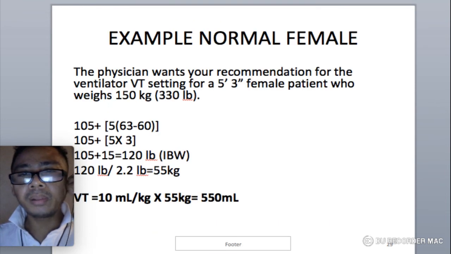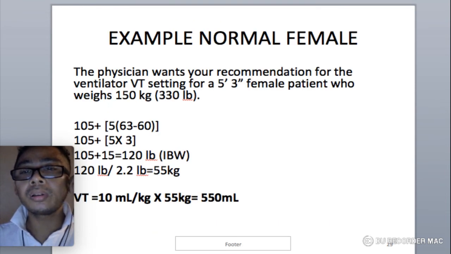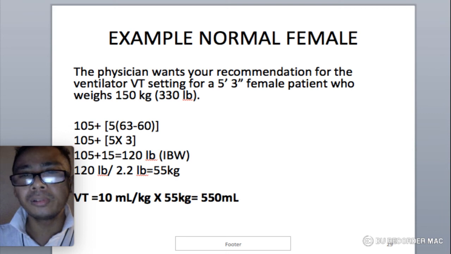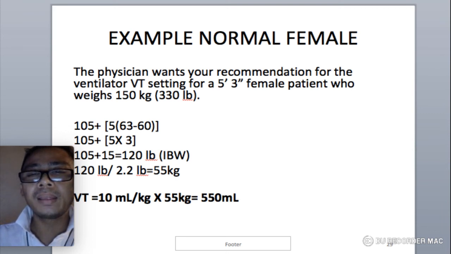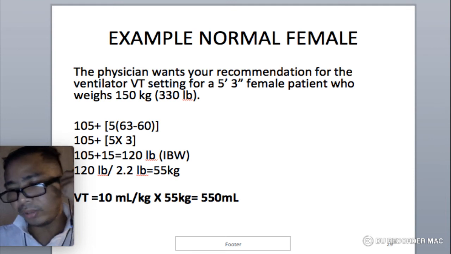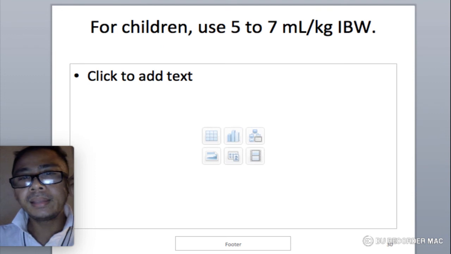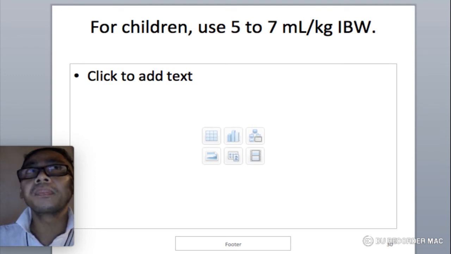For example, a normal female, so the physician wants your recommendation as a respiratory therapist for the ventilator settings, particularly the tidal volume for this height of 5.3. So you need to compute 5 feet 3 inches into inches. So that's the formula. This refers to the formula. And then for children, always use 5 to 7 mils per kilogram of ideal body weight.